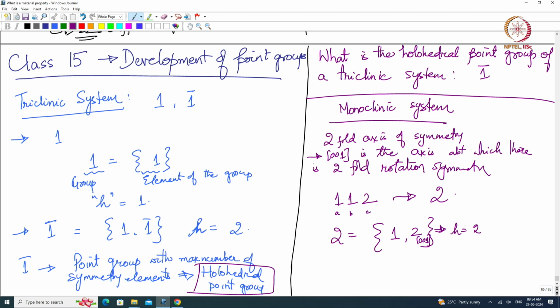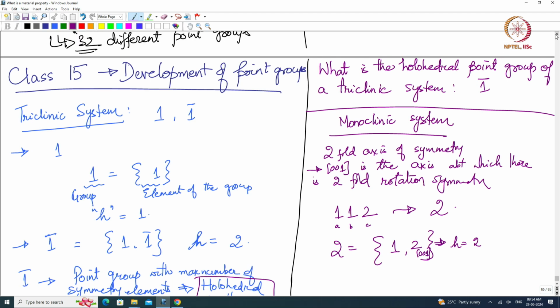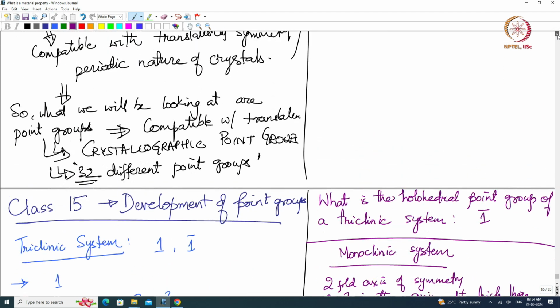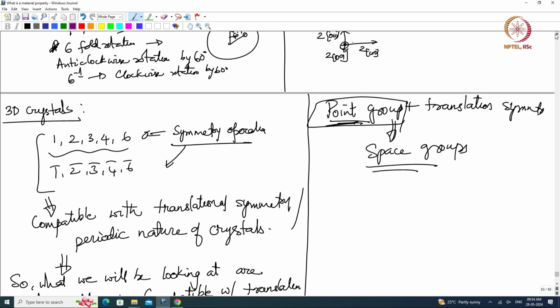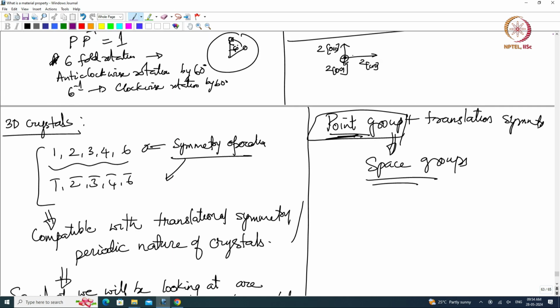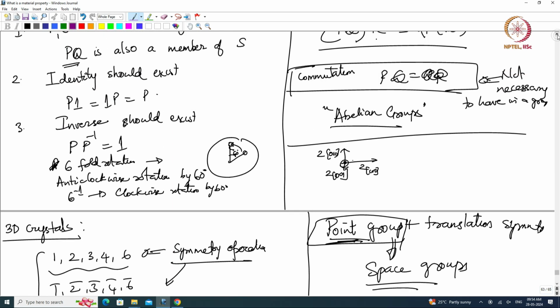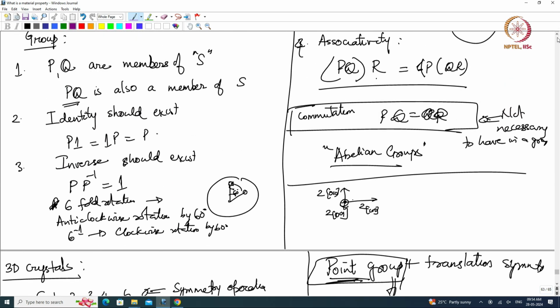Okay. And if I may go back, actually let me correct it here. For something to be defined as a group, because here I am defining something like 1 and 2 as groups, and they do not really have the inversion operation in them, right. So, I may want to clarify here that the inverse should exist, that is, if P is an operator, P inverse should be an operator, but the inversion operator does not need to exist.